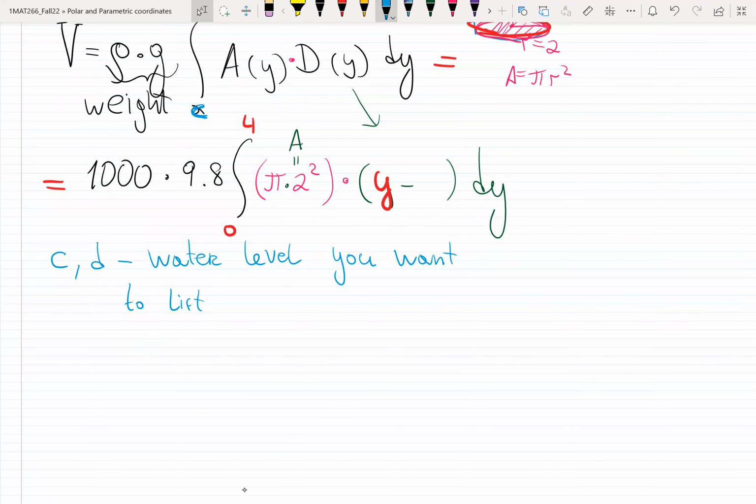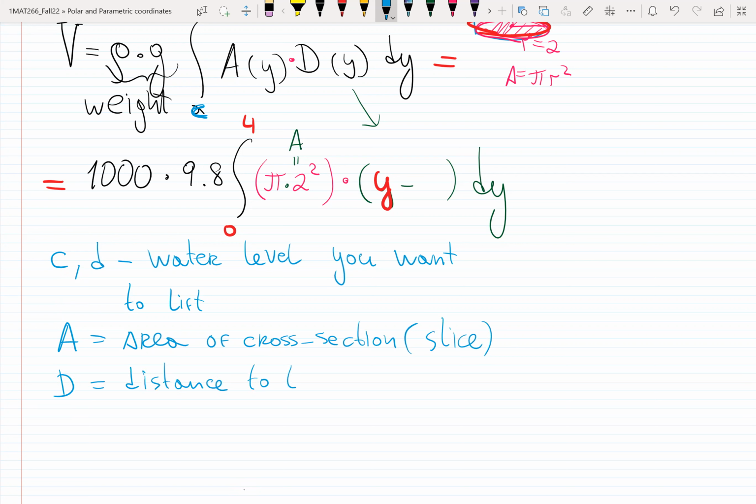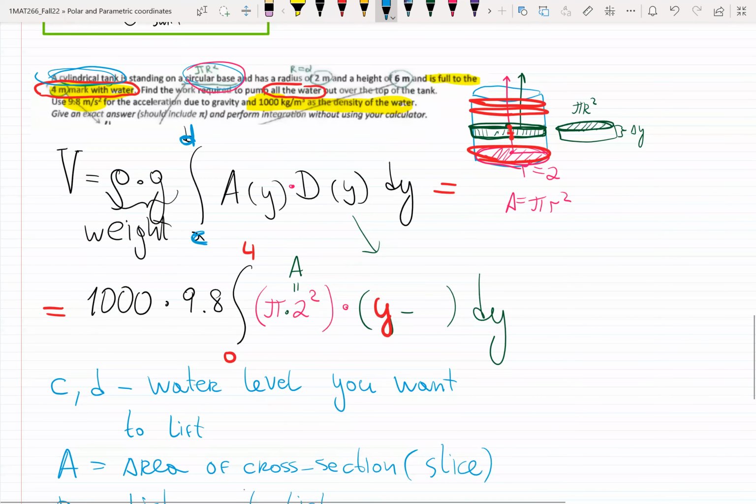Let me write that down. A was pretty simple to understand, not simple to find though: it's the area of the cross section of each slice. Then D is the distance to lift. Well, they told us that we are lifting. Where do we start?